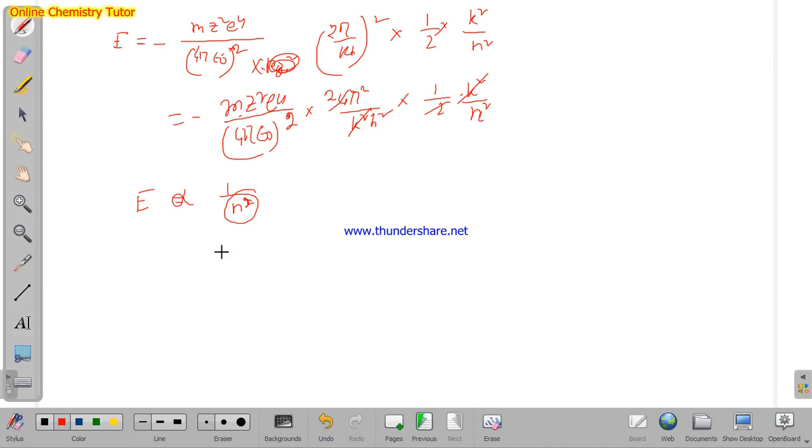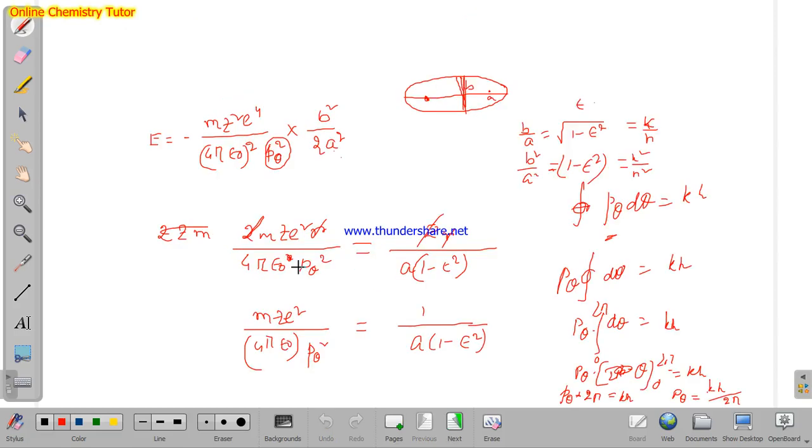Now we are going to put the value of a equal to 4 pi epsilon naught into p theta square by m z square into 1 minus epsilon square. This is the value of a. Where did we get that equation from? Nothing difficult, it is from this relation.